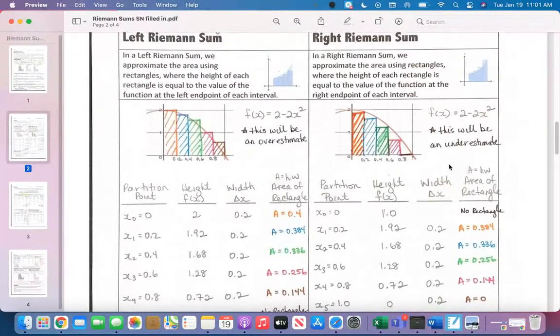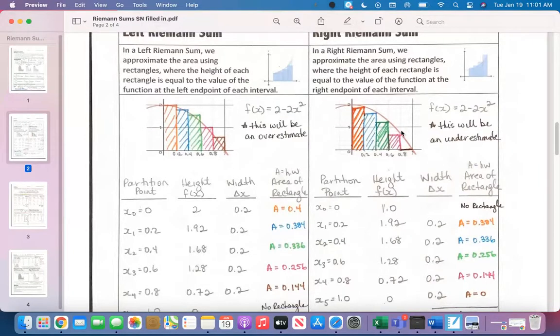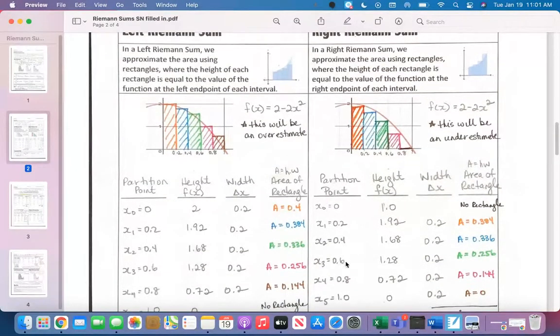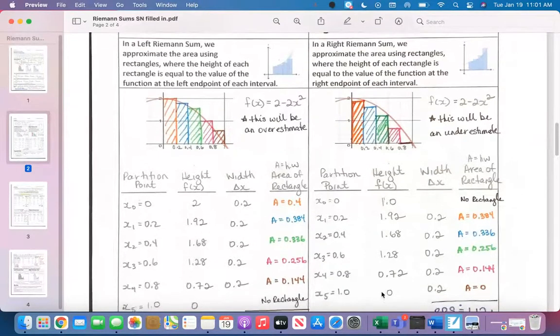Okay? So I'm going to do the exact same thing this time, like I said, with my right Riemann sum, my right side, and it's going to look a little bit different. So if I start with my right side, I'm going to start on this end rather than this end because I'm looking at my right endpoints. So I still have the same partition points at 0, 0.2, 0.4, 0.6, 0.8, and 1. But this time I'm looking at different values when I'm creating my rectangles.